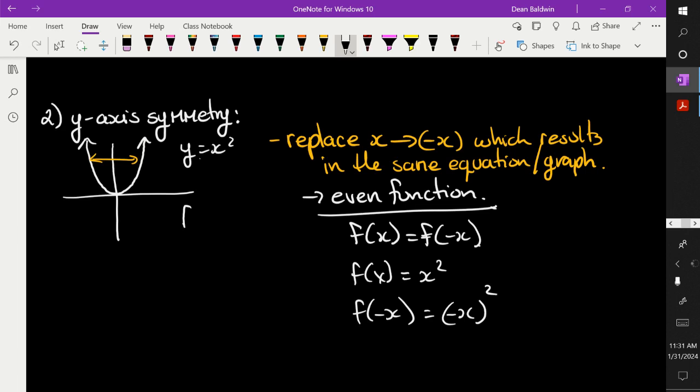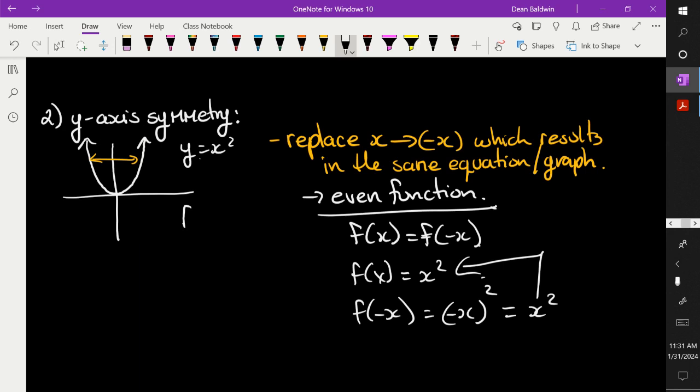If you square a negative, you get a positive, which gives me x squared, which is the same as our original function. Therefore, it's even. So if you're going to test for something to be even, you just put in negative x for all the x's and simplify it. If you generate the same equation as you had at the beginning, it is even. If not, it's not even.